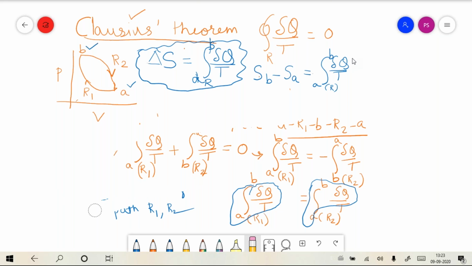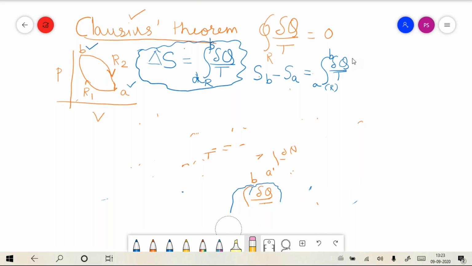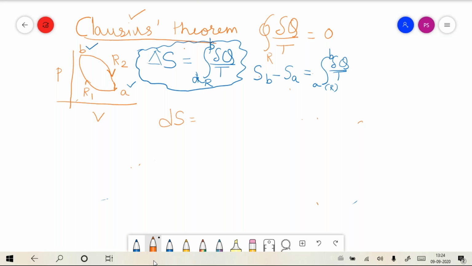Now if it is an elemental process, meaning it's very small, what we had done is that we had taken a finite difference between state A and state B. If state A and state B are too close, then we can write a generic, small expression, which becomes dS is equal to del q by T for a reversible process.